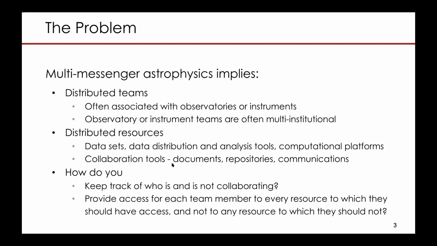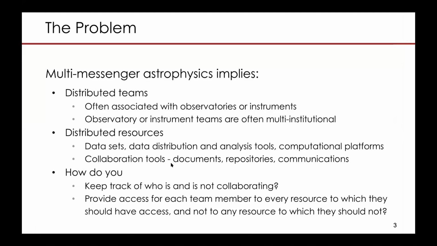And so we want to be able to identify who is participating and in what way, and give them the correct accesses in the collaboration tools to make sure that they can do their jobs, that we're not sharing information with people who we're not intending to share information with.